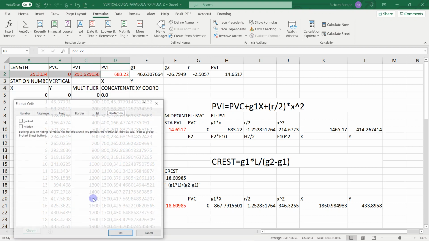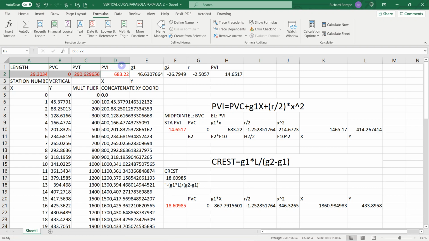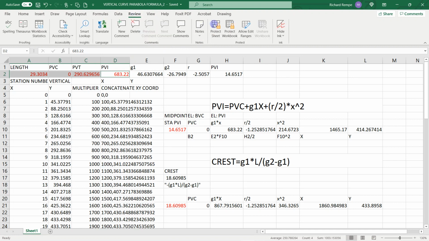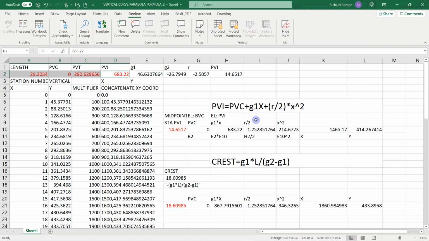And you go to Format Cells, and then you leave it unlocked, both unchecked. And you can go to Review, and then click Protect Sheet. You don't need a password. Really what this is going to do is help you from coming in here and changing a formula. So as you get in there and you start working and you accidentally change it, it could throw everything off. And that's how you protect that cell.